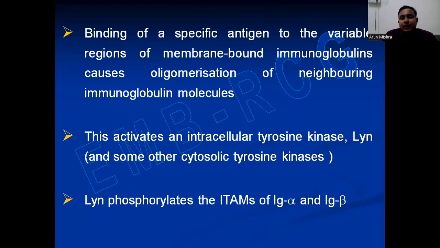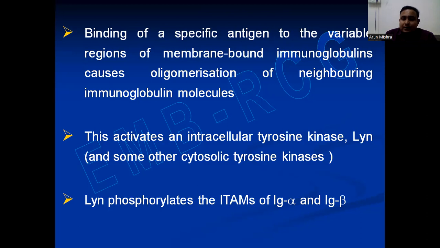Binding of a specific antigen to the variable region of membrane-bound immunoglobulins causes oligomerization of neighboring immunoglobulin molecules. This activates an intracellular tyrosine kinase, LYN, and some other cytosolic tyrosine kinases.